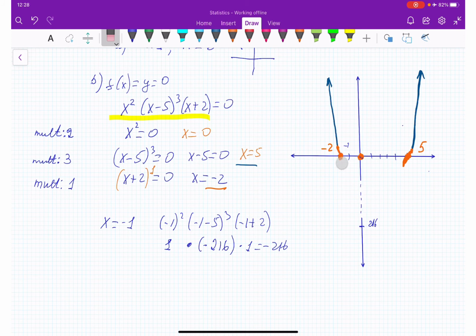So let me see. -1 is here. So it's going to turn around like this and come here.